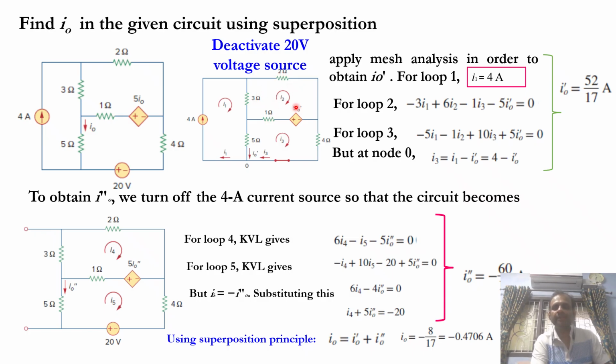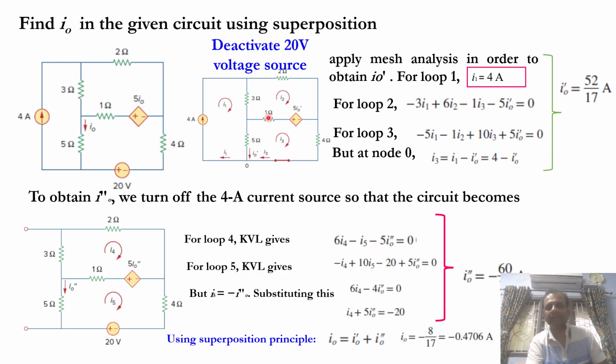So I2 direction is opposite to I1 direction. So minus 3I1 plus 6I2. If I1 direction is taken negative, I2 will be opposite to I1, so it will be plus. I3 direction is again opposite to I2, so it is minus again.